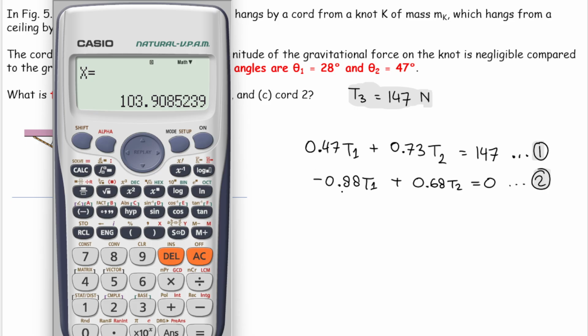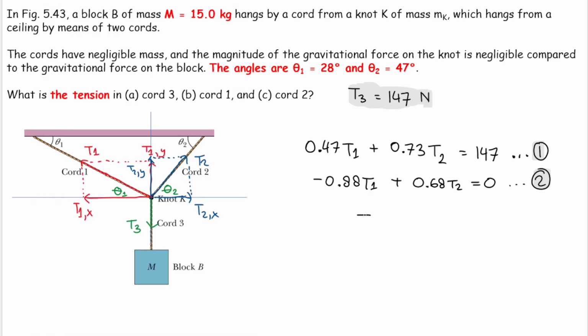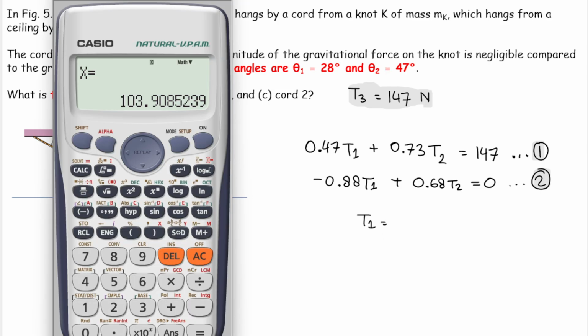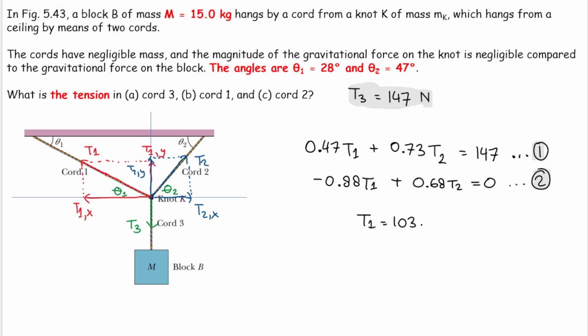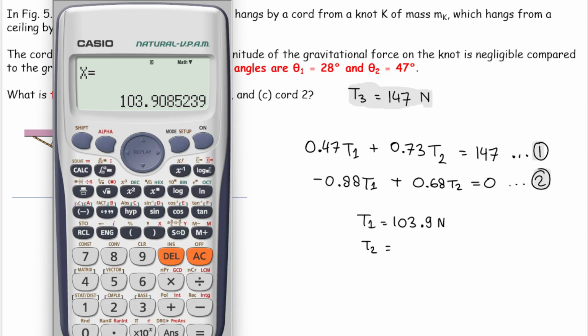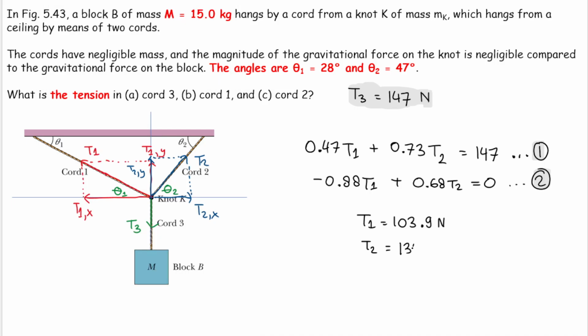The x value will be our T1, so T1 is 103.9 Newton. And what is T2? T2 is the y value, so 134.5 Newton. So that is the answer.